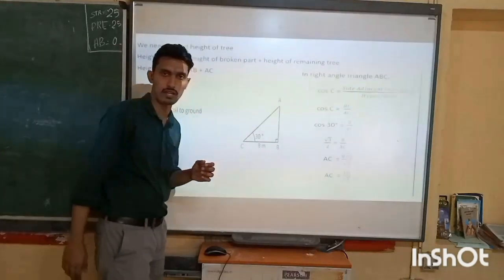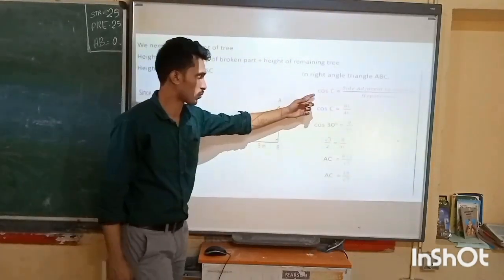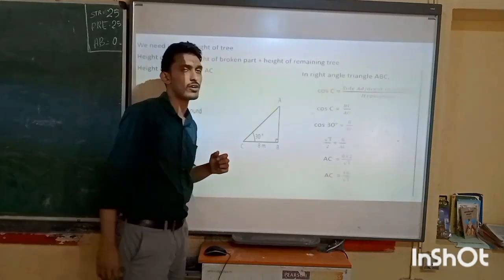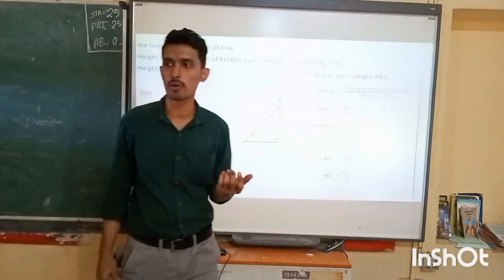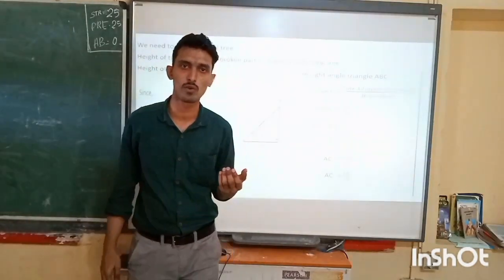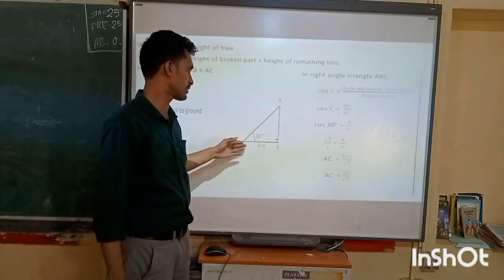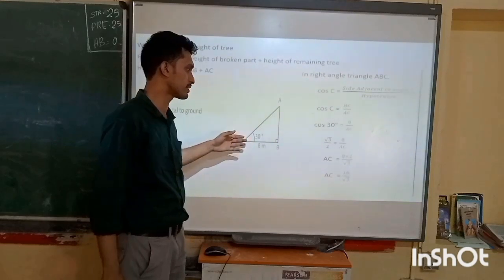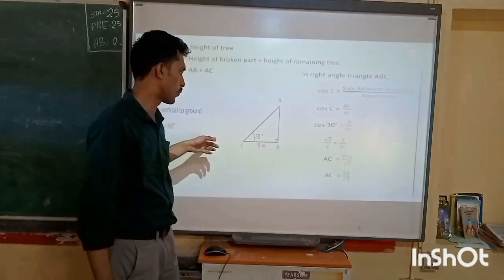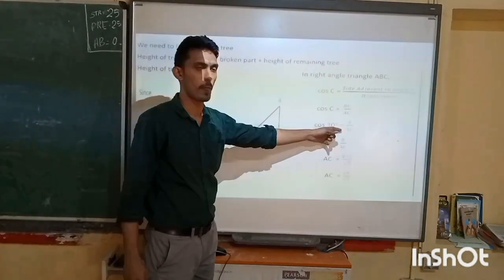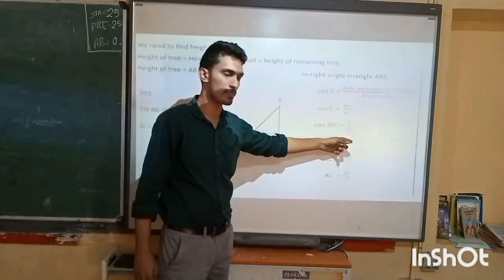As we have learned in the chapter on trigonometry, cos equals adjacent side by hypotenuse. So here BC is the adjacent side and AC is the hypotenuse. So cos 30 equal to 8 by AC.